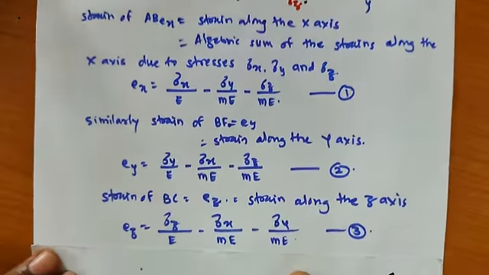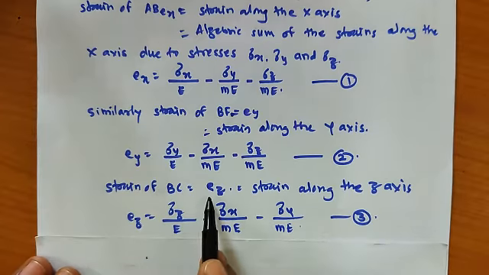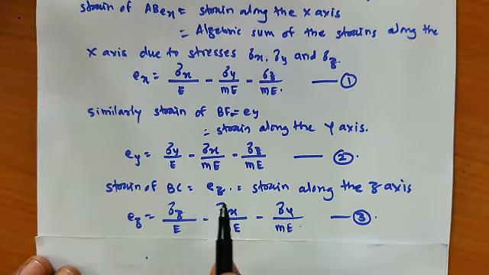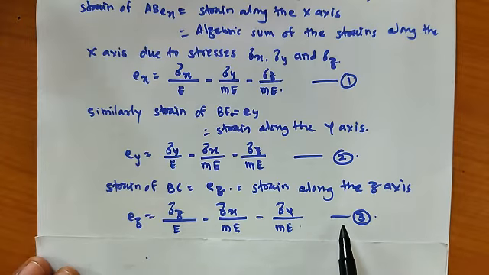So correspondingly, the strain of BC is equal to e of z. That means the strain in the z direction is equal to the strain along the z axis. So e of z is equal to sigma z by E, because this is tensile and therefore positive, minus sigma x by mE, which is minus because it is compressive, minus sigma y by mE. So here we have equation number 3.